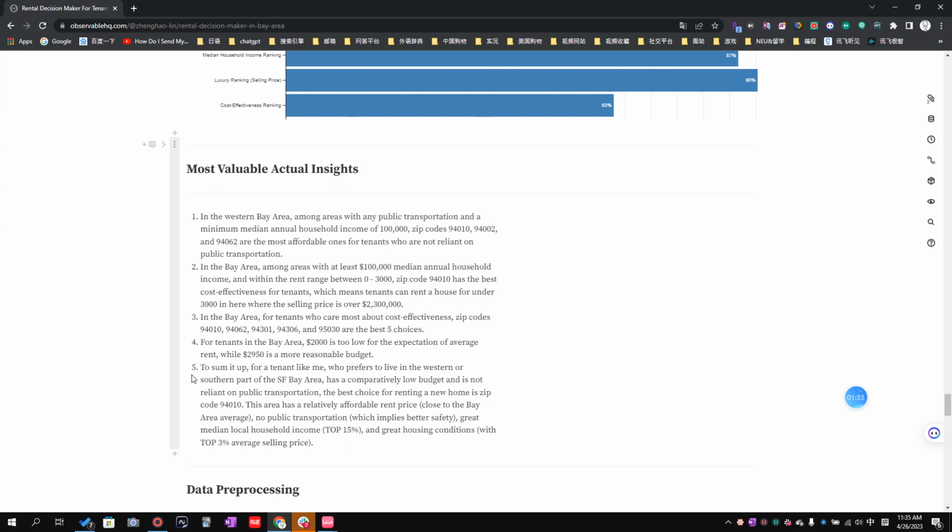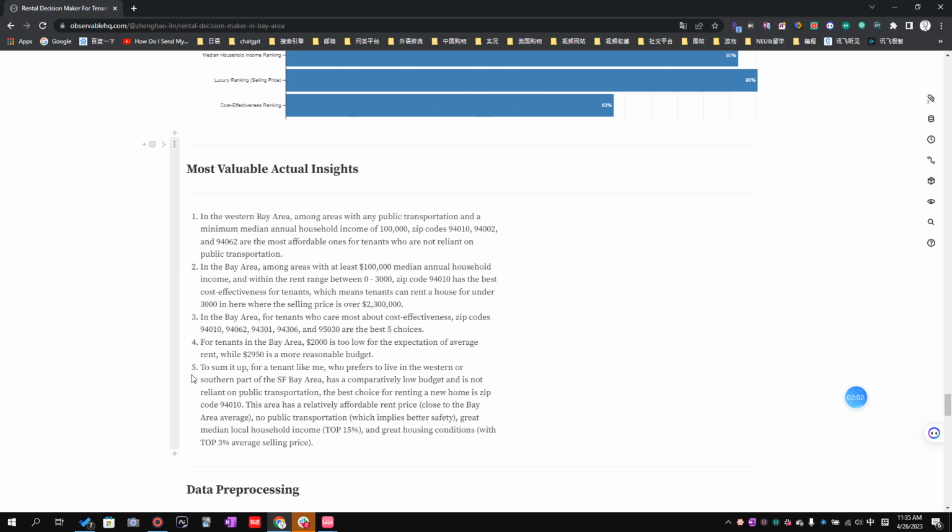The reason this area is recommended is because it has a relatively affordable rent price, which is close to the Bay Area average, and there's no public transportation. I mean, there's no BART station in this zip code, which implies better safety, and it has great median local household income, which is in the top 15%.